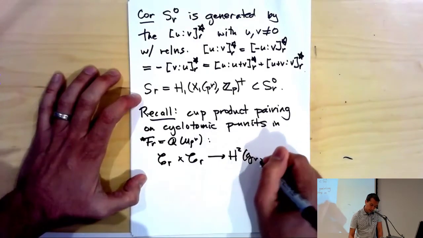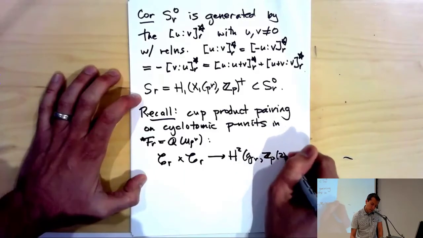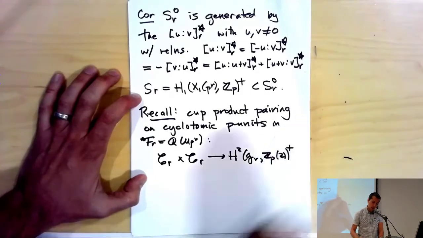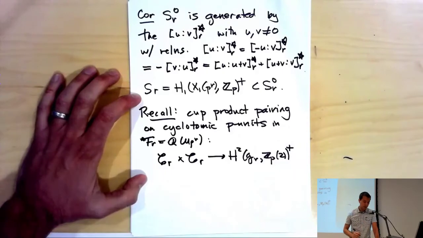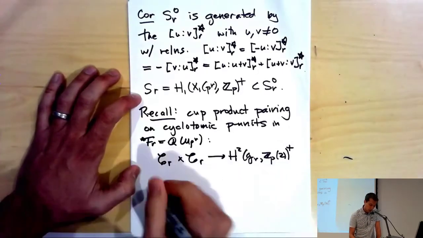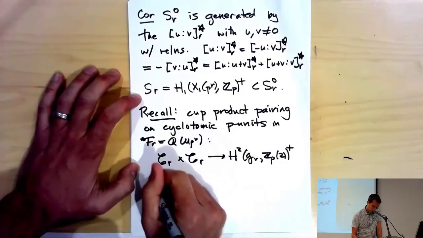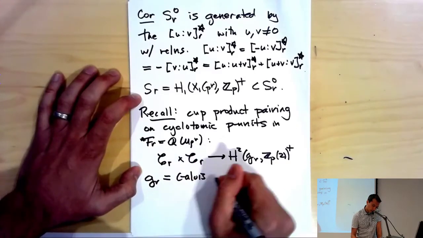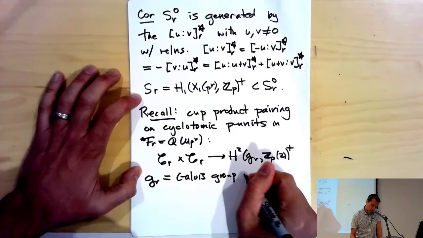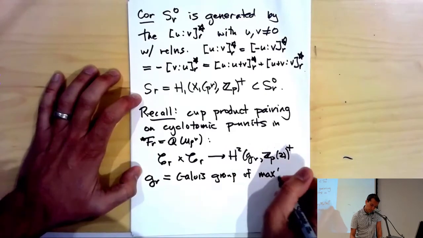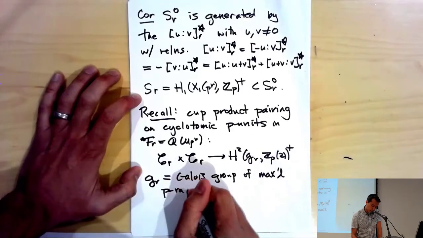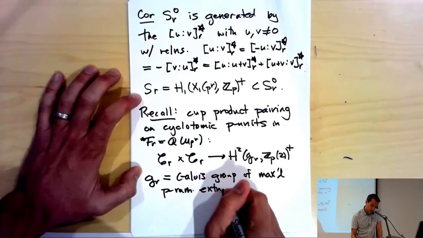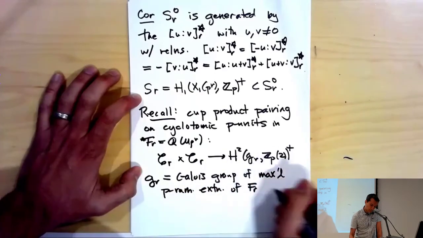GR, Z_p(2), actually lands in the plus part on cyclotomic P units. So GR here was the Galois group of the maximal P ramified extension of FR.